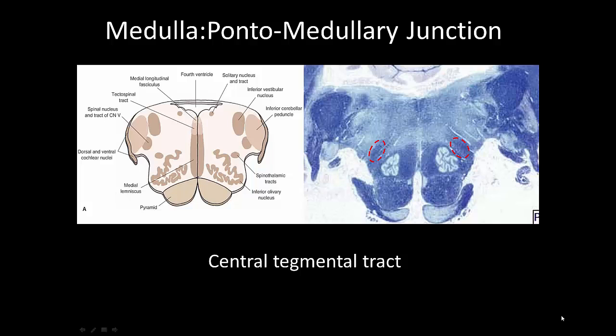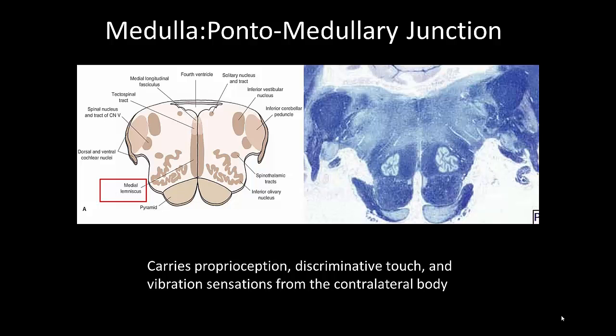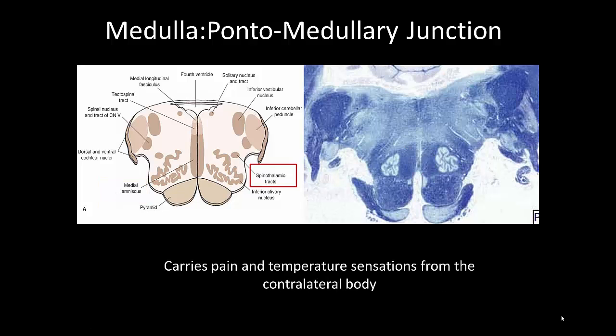And it's going to have some descending fibers that are traveling from the level of the midbrain to these inferior olivary nuclei. Now, more medial to the inferior olivary nuclei are going to lie our medial lemnisci. And then more lateral to our inferior olivary nuclei are going to be our spinothalamic tracts as they're ascending to the thalamus.